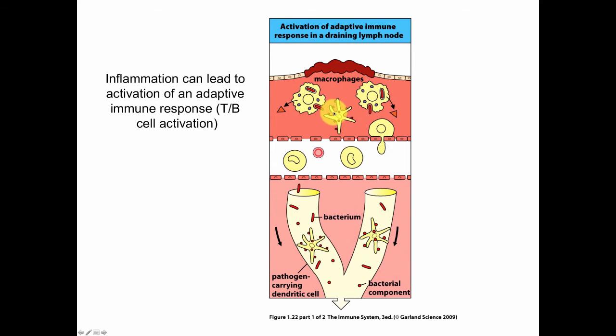And so the dendritic cell will sample the microenvironment that it's in, and if its pattern recognition receptors are activated, it will signal these cells to migrate from the barrier site down through afferent lymphatic vessels, and it will take with it antigens that it's taken up from that site. So it will bring antigens that it was exposed to at this site down into the draining lymph node.